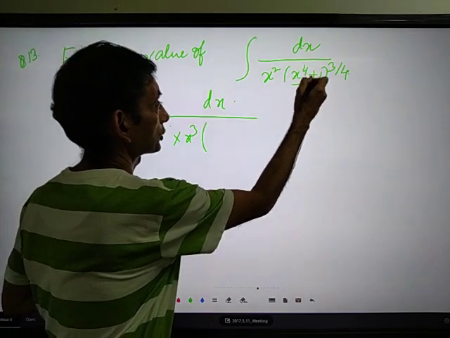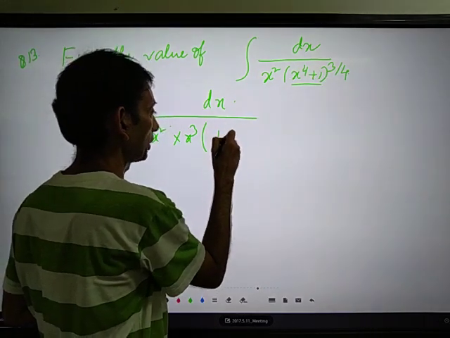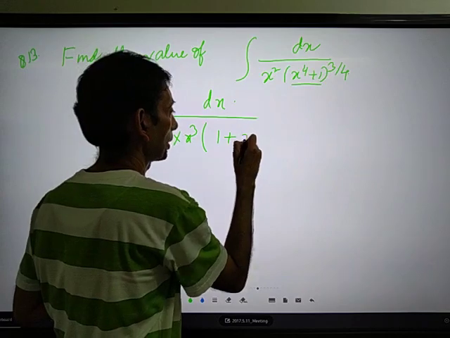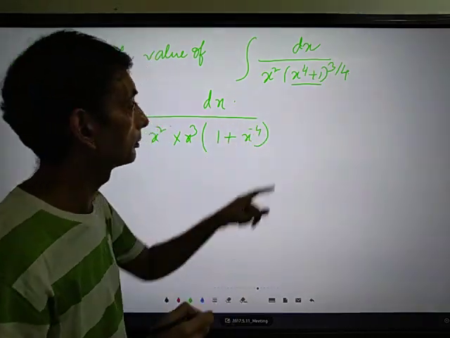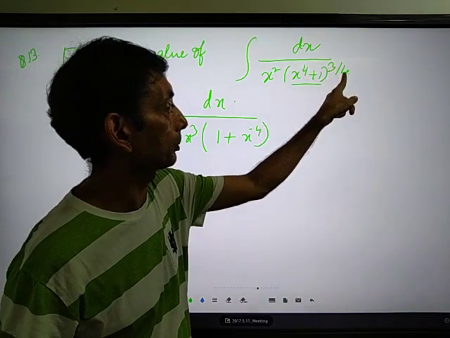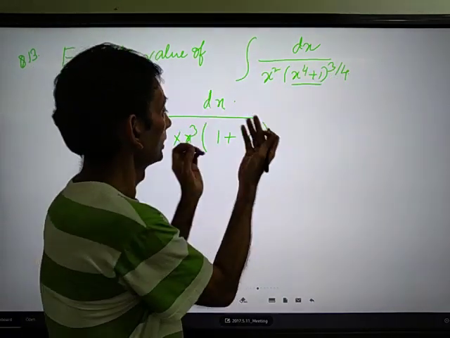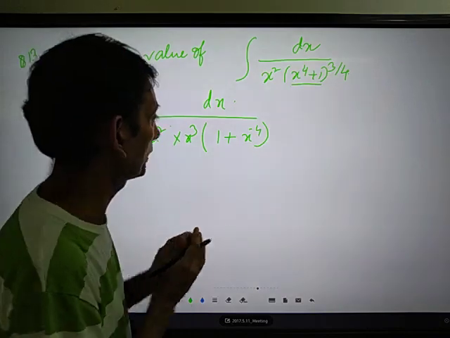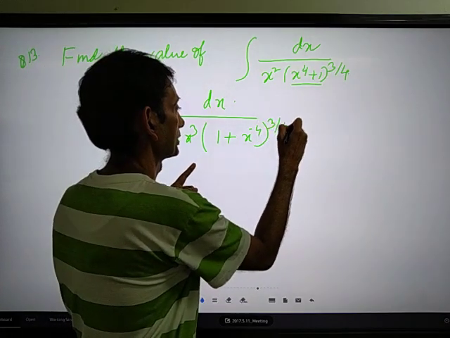If I take x to the power 4 common, the first term will be 1 and the second term will be x to the power minus 4. Done, right? We are taking x to the power 4 out. So this exponent will be multiplied by 3 by 4. The 4s cancel out. That means you can take x cube out, then the power will be as it is, 3 by 4.